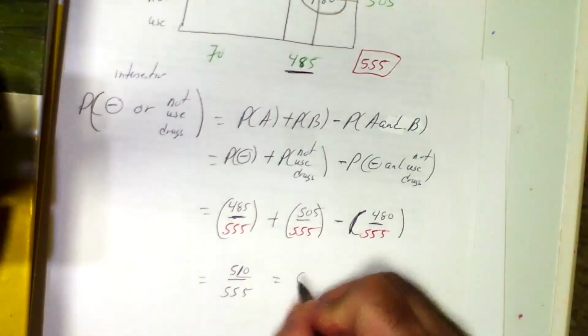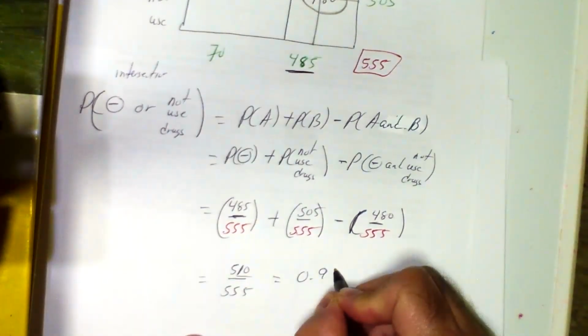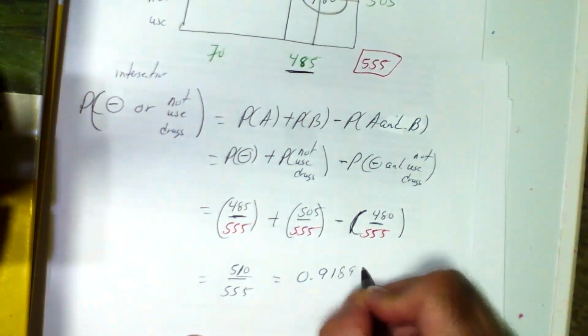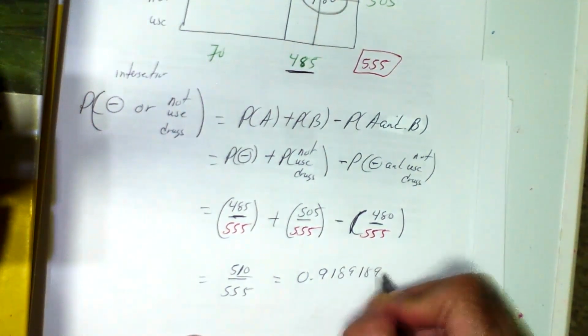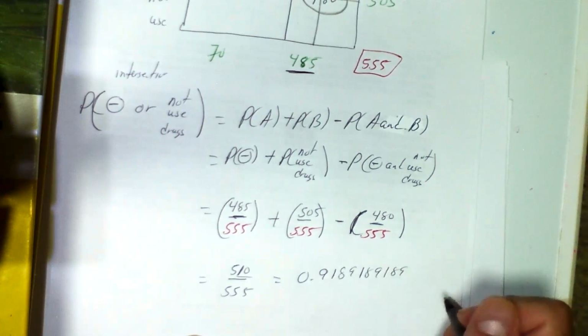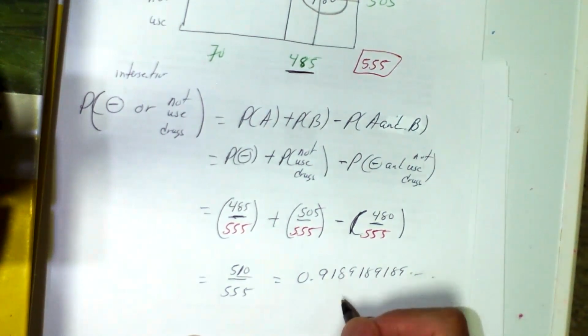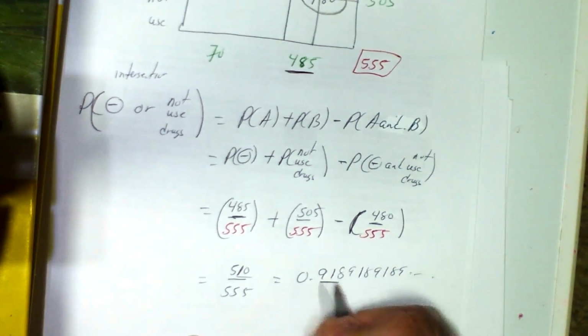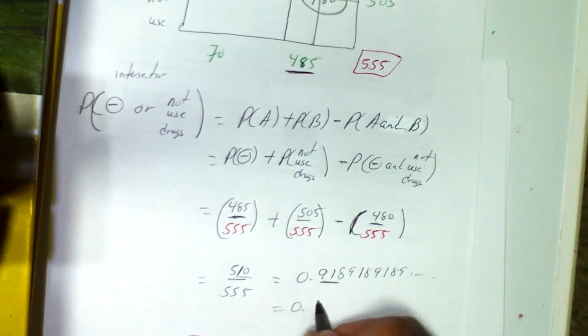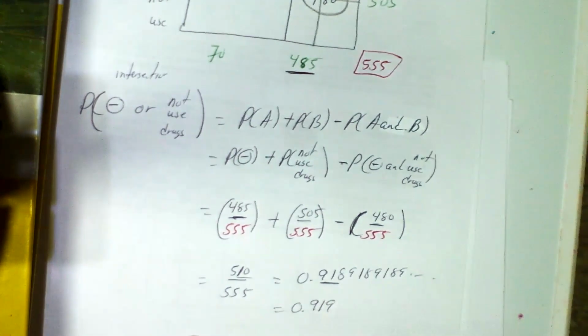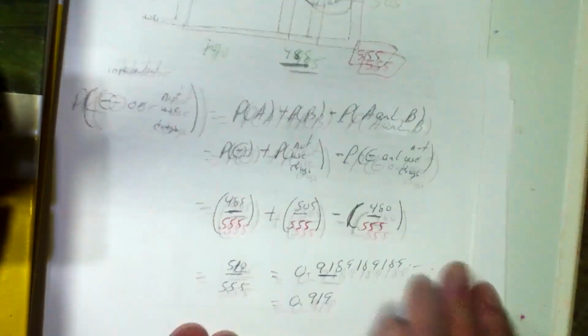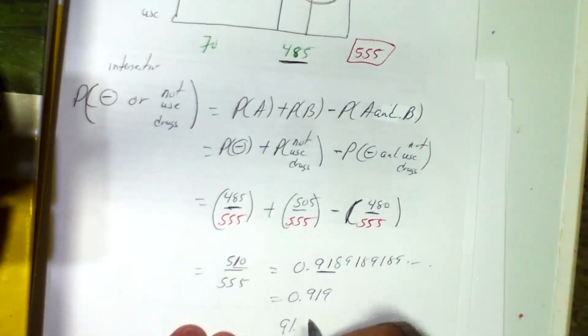I get 0.91189189 and so on. I have to round it off to three places, so 0.919, right? Or 91.9%.